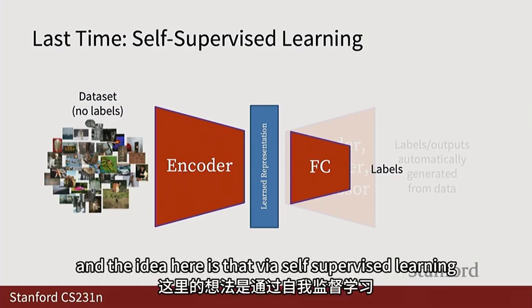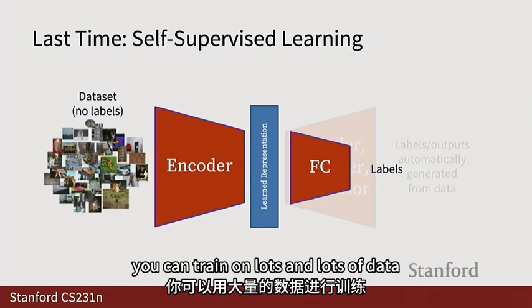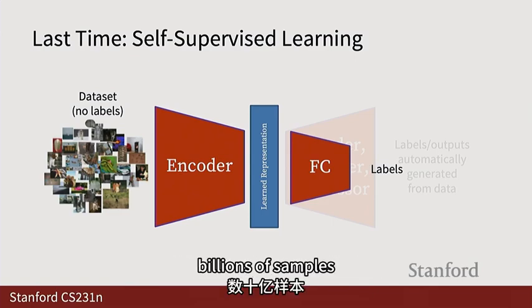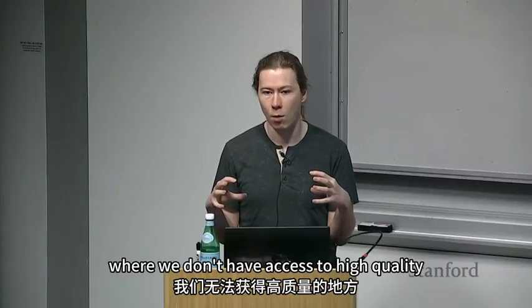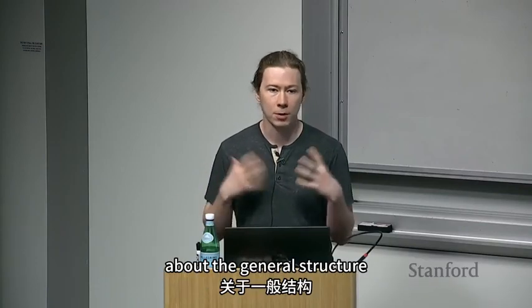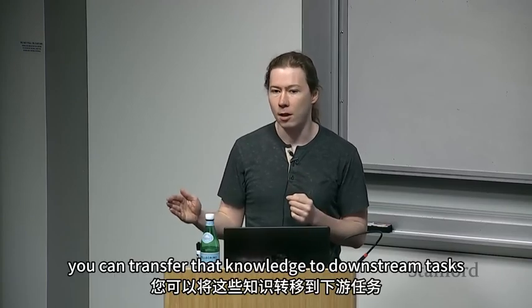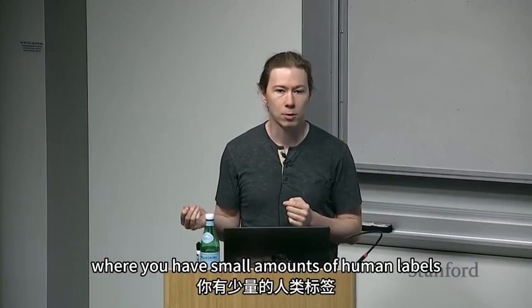The idea here is that via self-supervised learning, this pretext task you can train on lots and lots of data, millions, hundreds of millions, billions of samples where we don't have access to high-quality human labels. In the process, it's going to learn something about the general structure of images or of data. And then you can transfer that knowledge to downstream tasks where you have small amounts of human labels.